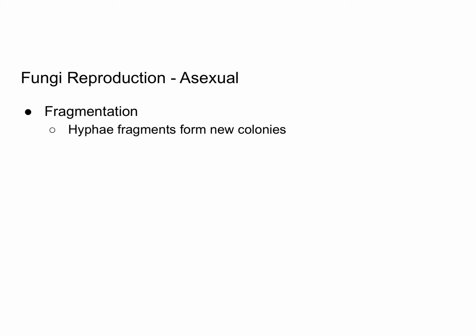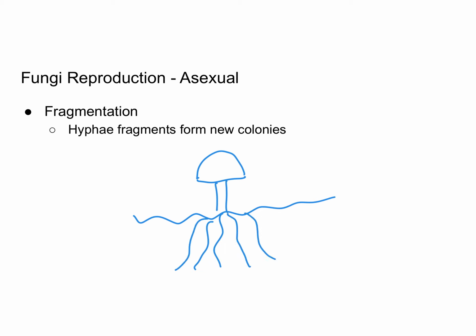Fragmentation occurs when fragments of the hyphae form new colonies. So remember, we've talked about the mushroom, and then the hyphae are these strings, kind of like the roots that are underground. Remember that these hyphae are made up of cells.